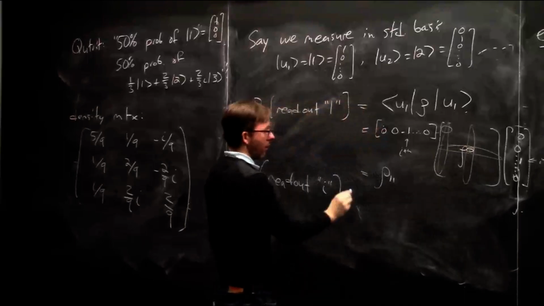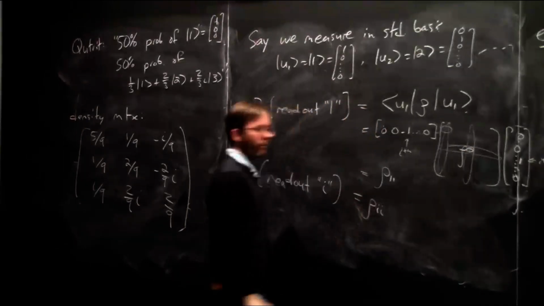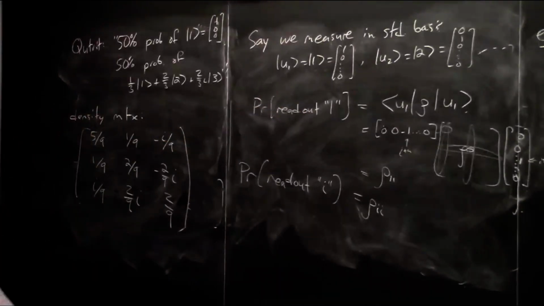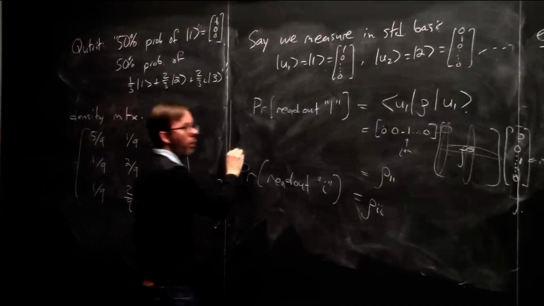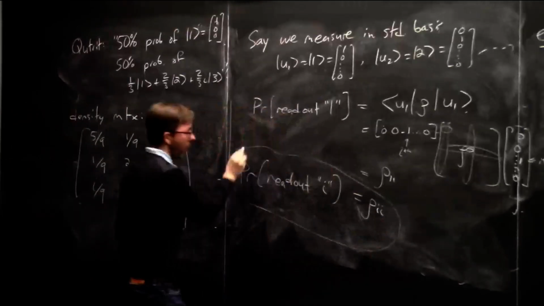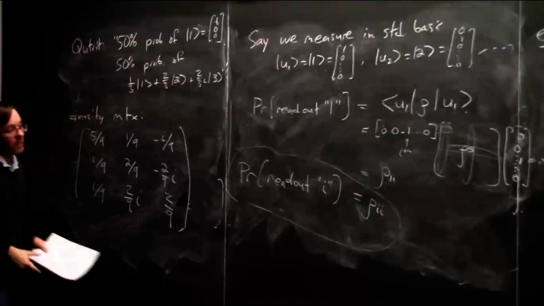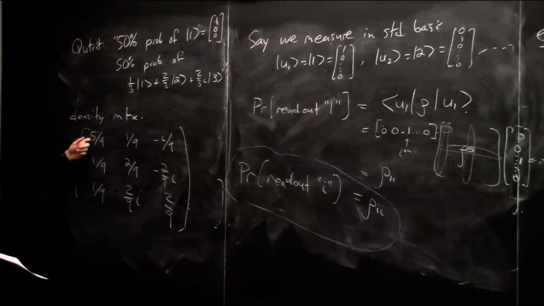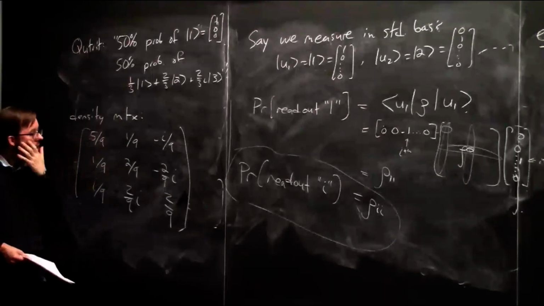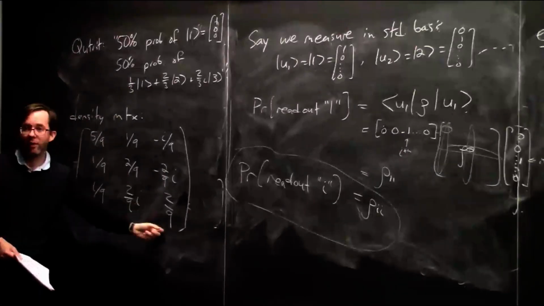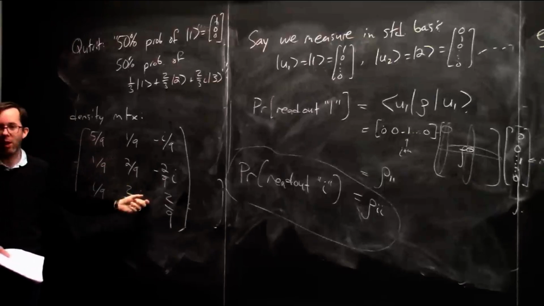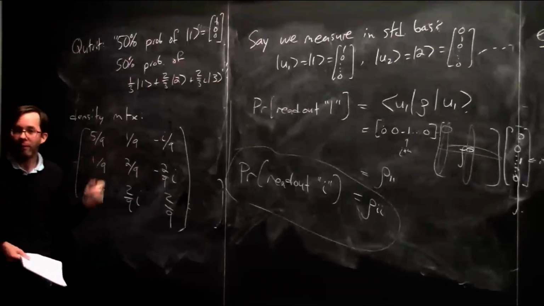So you'll get rho_ii. This is basically a fact: if you take any quantum state, which has this kind of density matrix, and then measure in the standard basis, the probability of seeing each of the possible outcomes, 1, 2, 3, up to D, are the diagonal entries. In particular, that indirectly proves that the diagonal entries of a density matrix will always be non-negative numbers that add up to 1.